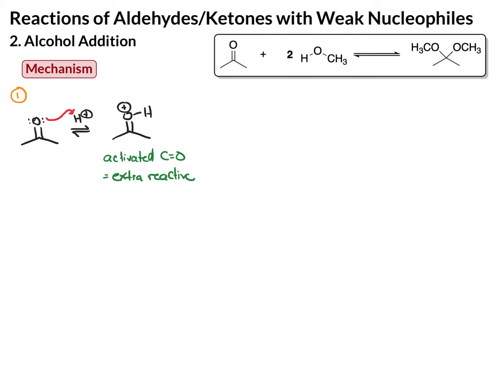Now that we have this extra reactive carbonyl, we can use methanol as a nucleophile. I'm going to take the lone pair on methanol's oxygen and draw a curved arrow to the carbonyl carbon, and then push a pair of electrons up onto that oxygen, making it neutral.